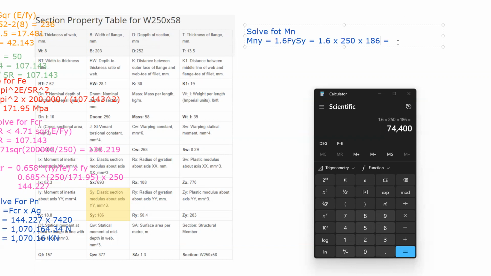So this would be 74,400 Newton millimeter. So we divide it by 1,000 to make it kilonewton millimeter, and we multiply it by 1,000 to make millimeter meter.